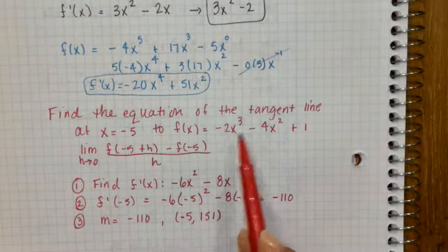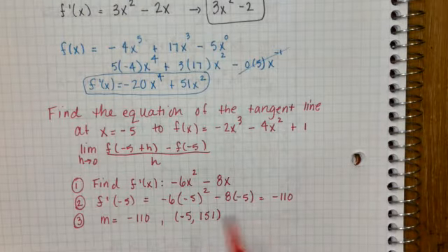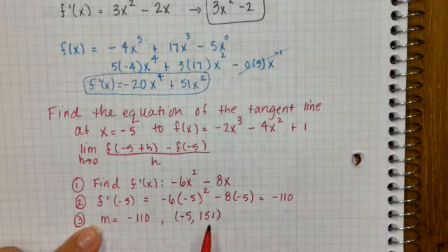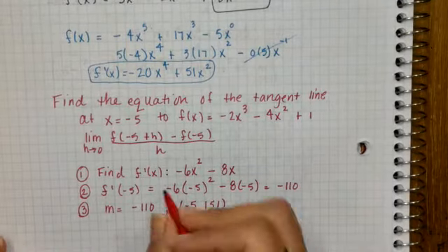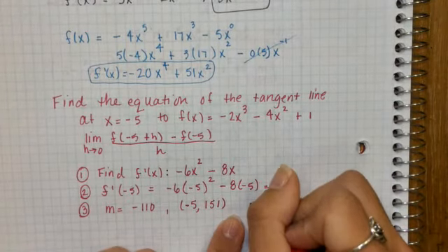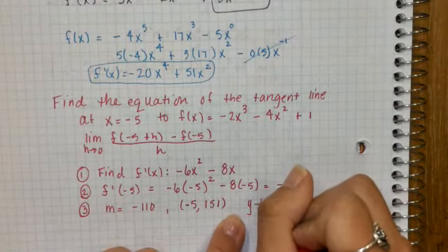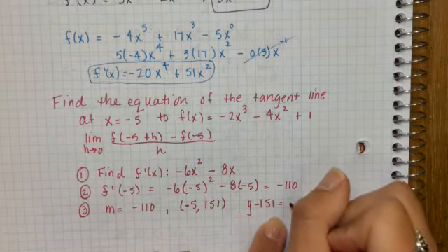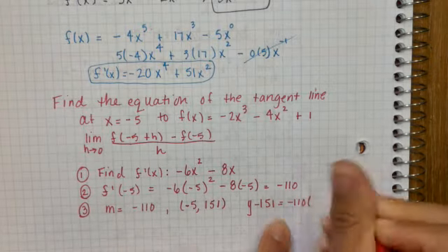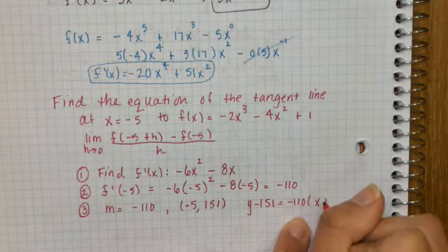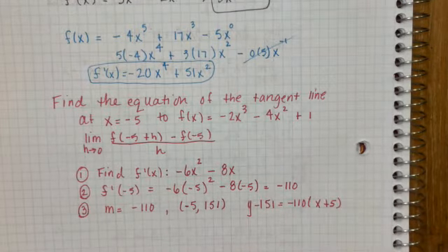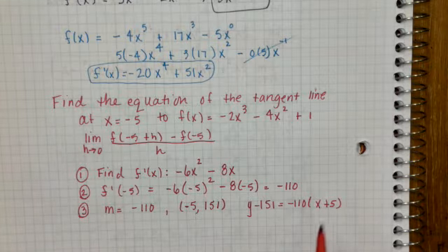Hopefully that's correct. Plug in here. I know the slope. I know the point. So in point slope form, y minus 151 is -110 times the quantity x plus 5. That should be it.